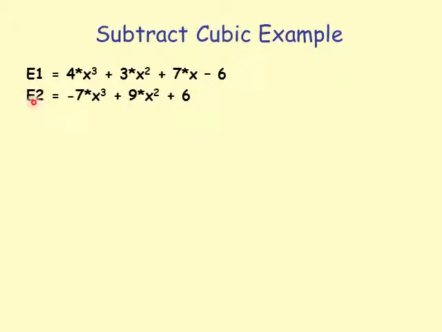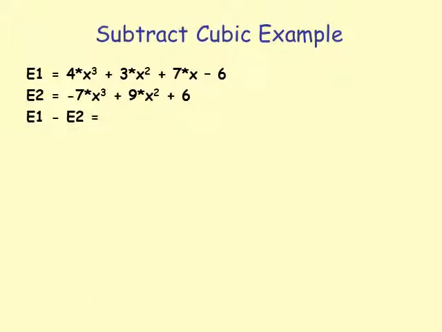The second one, E2, is minus 7x cubed plus 9x squared plus 6. We call these cubic expressions because the highest power value is 3. E1 is a cubic expression because the highest power value is 3, and E2 is a cubic expression because the highest power value is 3.